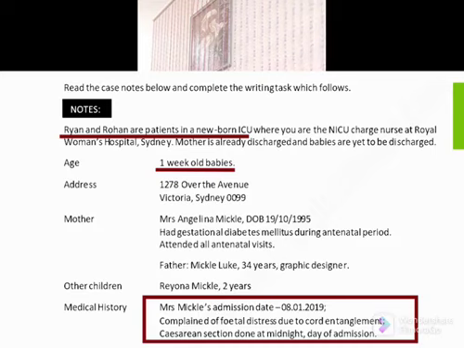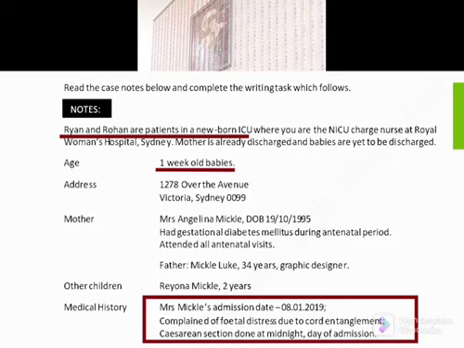Mother's name is Mrs. Angelina Michael, date of birth 19/10/1995. She had gestational diabetes mellitus during the antenatal period, and she attended all antenatal visits. Father is Michael Luke, 34 years, a graphic designer. They have another child, a 2 year old girl, Rayona Michael.